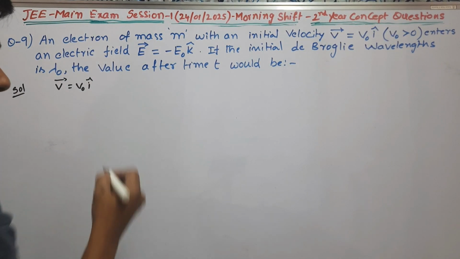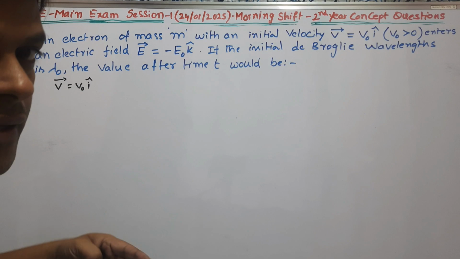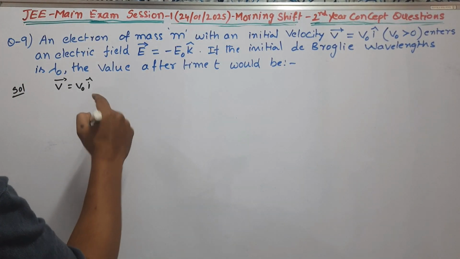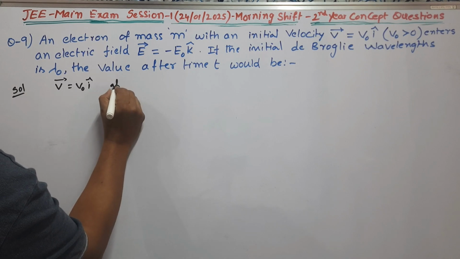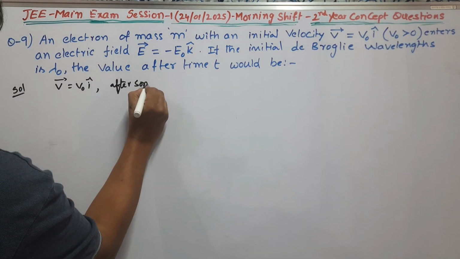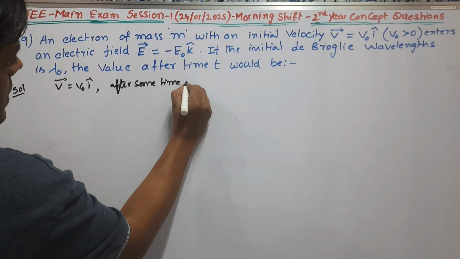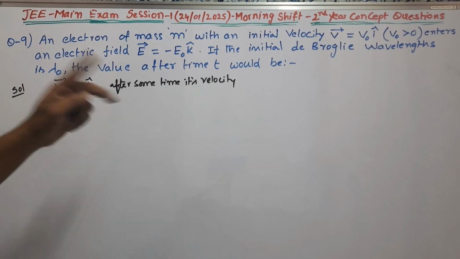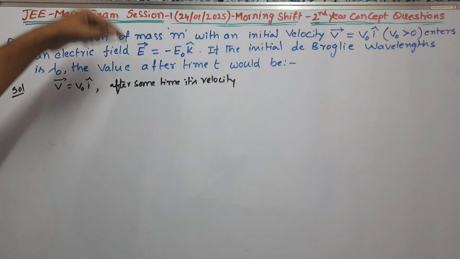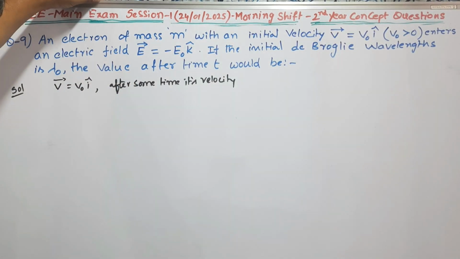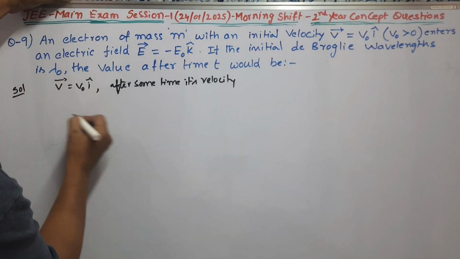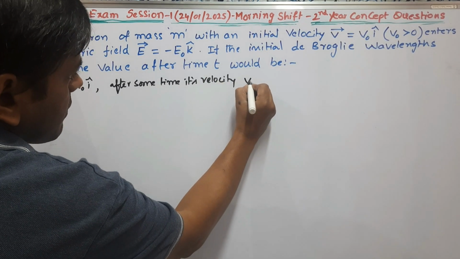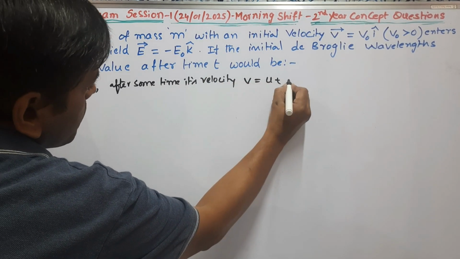After it enters the electric field, it possesses some acceleration due to the electric force acting on it. So after some time, we may calculate its velocity using v is equal to u plus at.